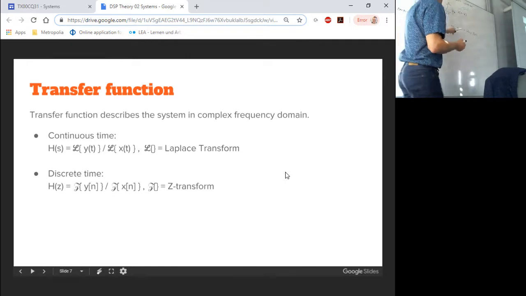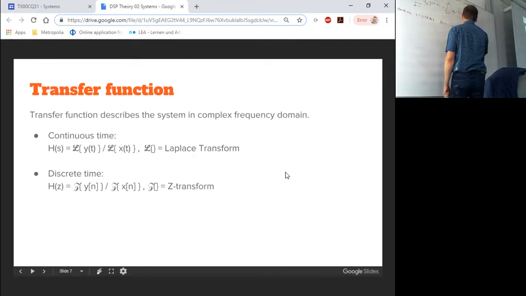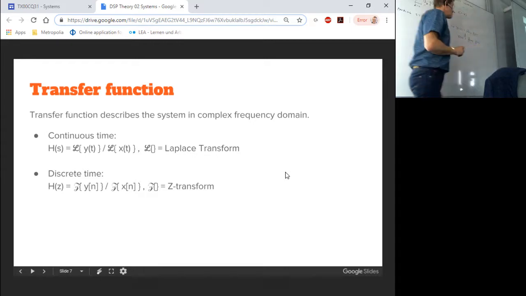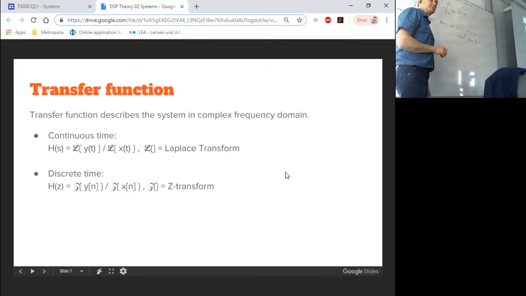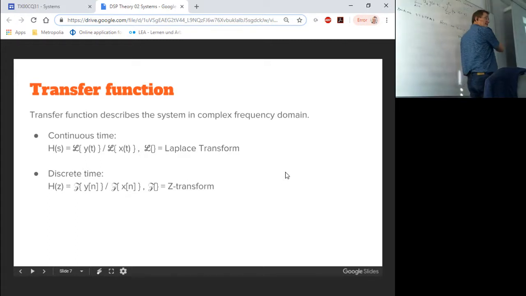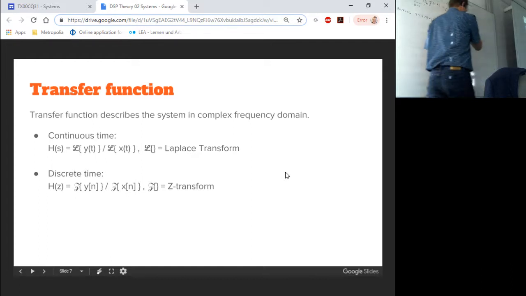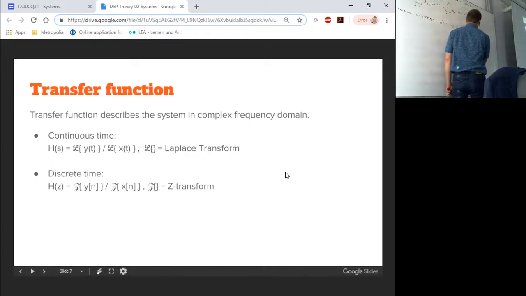Basically, going to the frequency space means that if you want to know the spectrum of your output, it's the same as the frequency response of the system times the spectrum of the input. So filtering is fundamentally only a matter of how to do this multiplication.